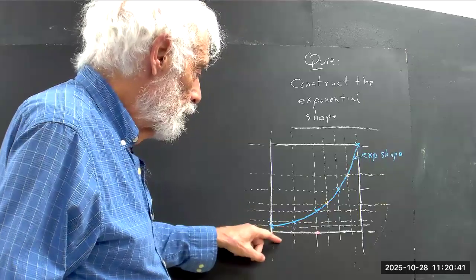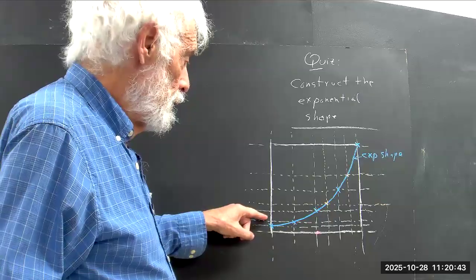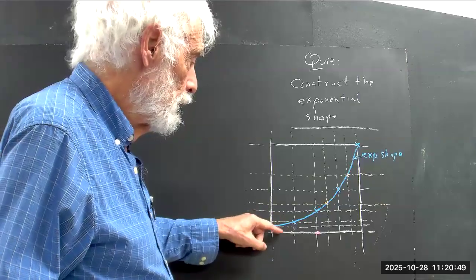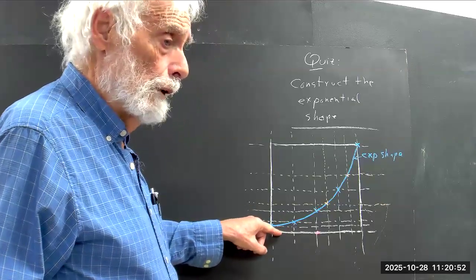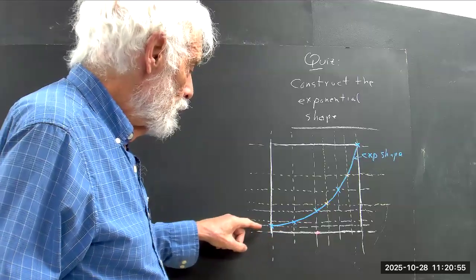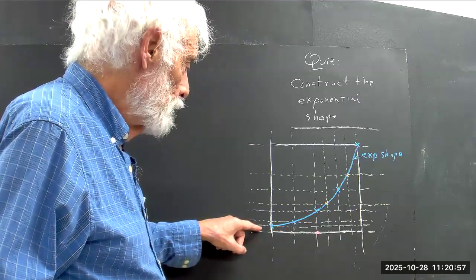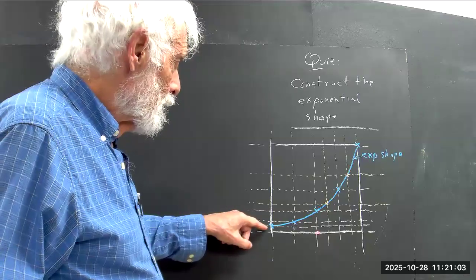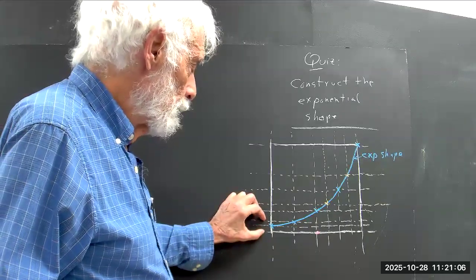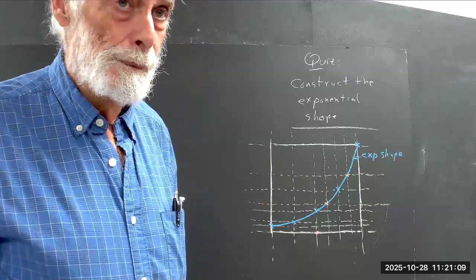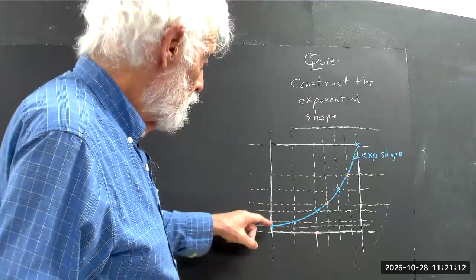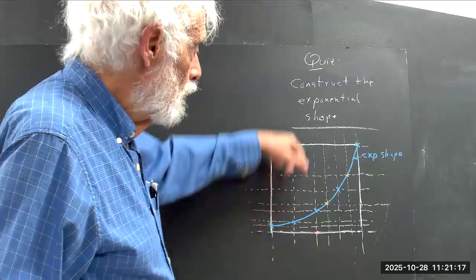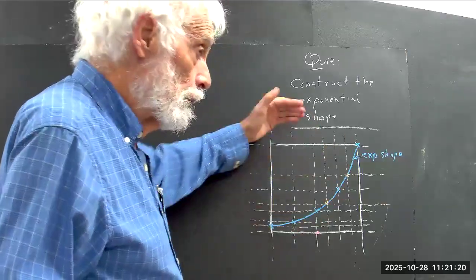The second line up from the lower edge was used to construct the first line up from the lower edge, the one halfway between it and the lower edge. So if the lowest construction line is halfway between the lower edge and the next higher construction line, then every construction line is twice as far from the lower edge as the one before it, which means that the value of the function doubles. Every time we go over one vertical construction line, the function gets twice as big.